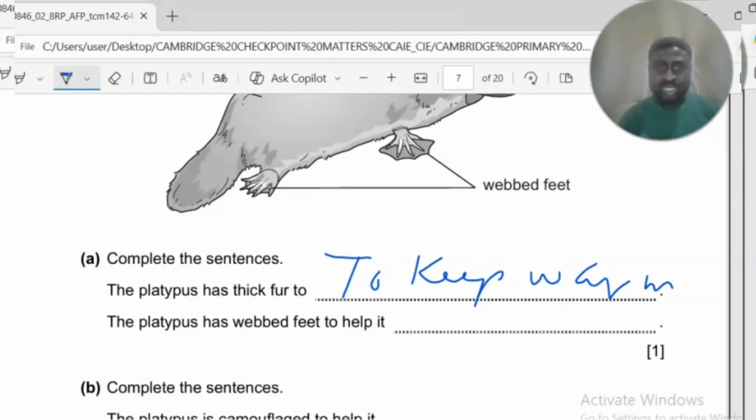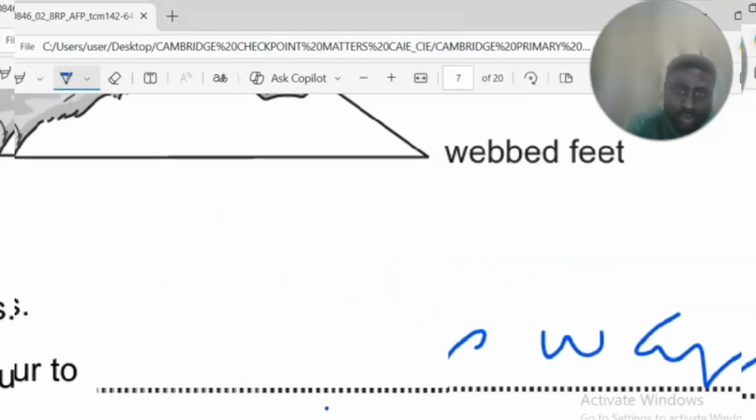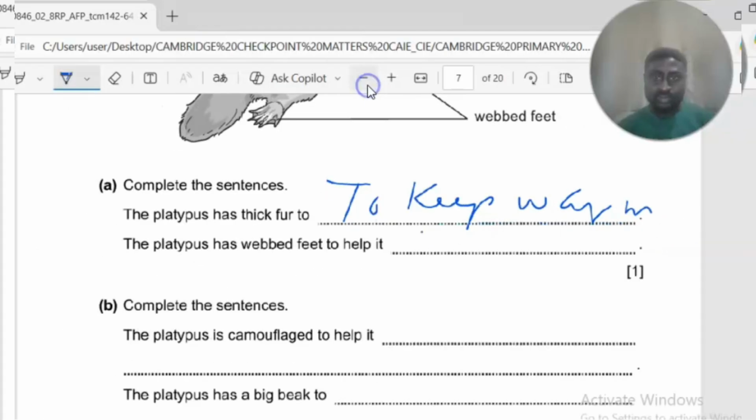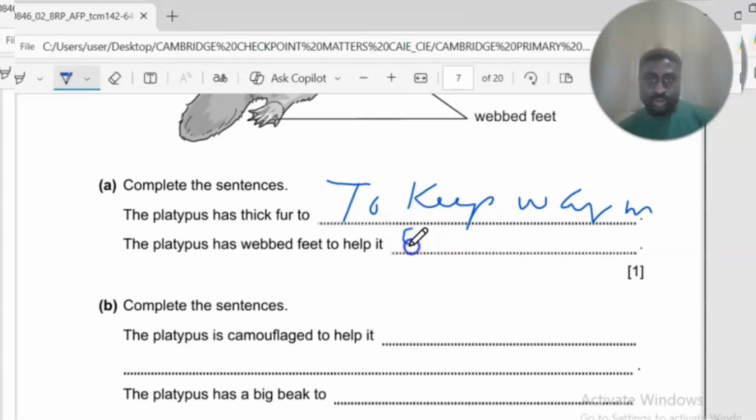It says the platypus has webbed feet to help it, as I explained earlier, my analogy is simply to swim. So I'm just trying to zoom it in at this point, to swim.